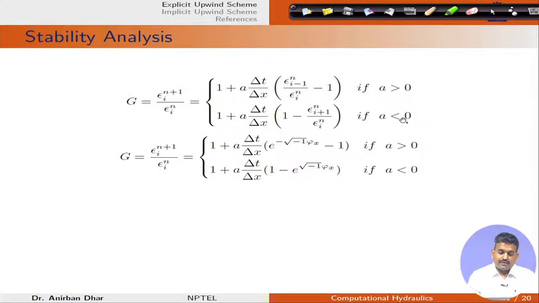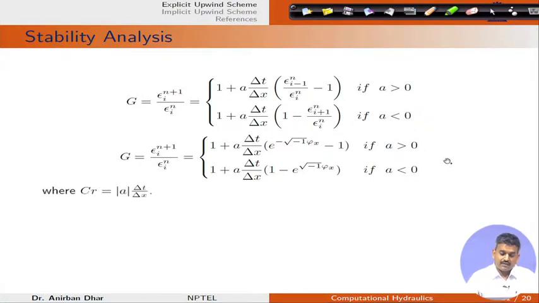Now, if we further simplify this one, we can write like this, where this e to the power minus part is there. So, minus i, the imaginary number, into varphi x, and this is 1 minus e to the power imaginary number i varphi x again for negative value.